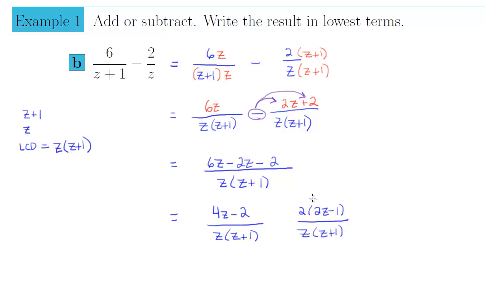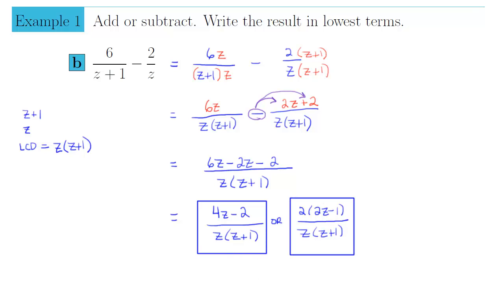However, notice now that there's nothing here that can still cancel out. 2z minus 1 appears in the numerator, but neither of those factors appear in the denominator, and likewise z and z plus 1, neither of those factors appear in the numerator. So these two answers are equivalent, meaning that you are already reduced to lowest terms. So either answer would be acceptable. 4z minus 2 over z times z plus 1 is the difference of 6 over z plus 1 and 2 over z.